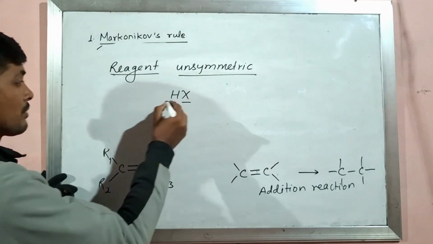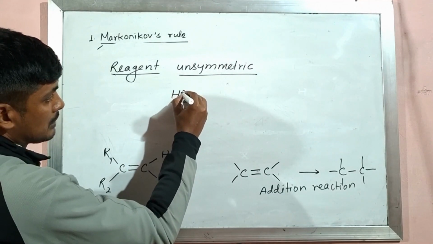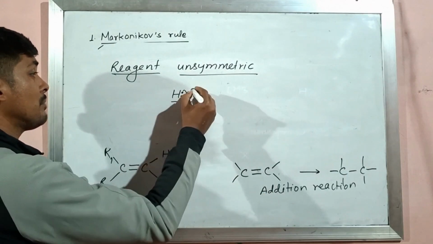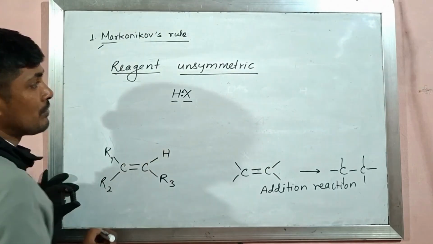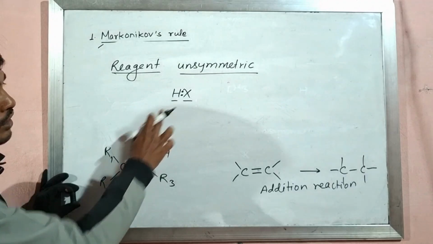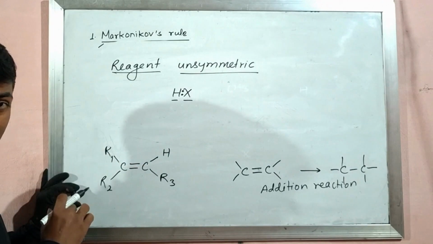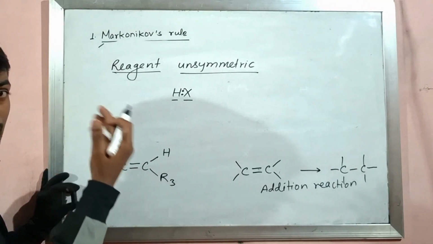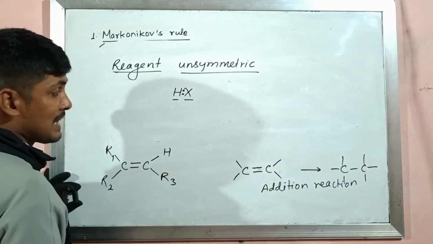One atom is capable of losing an electron, whereas the other atom is capable of accepting an electron. A reagent formed by the combination of two different atoms, where one atom donates an electron and the other accepts an electron, is called an unsymmetric reagent.